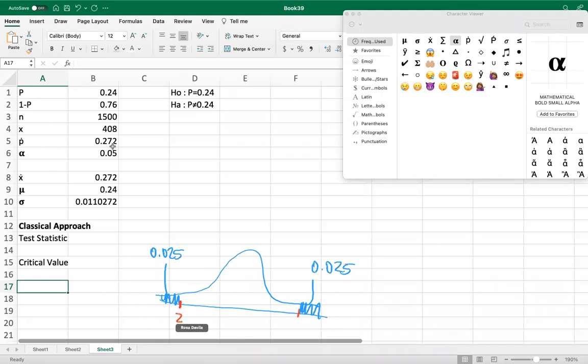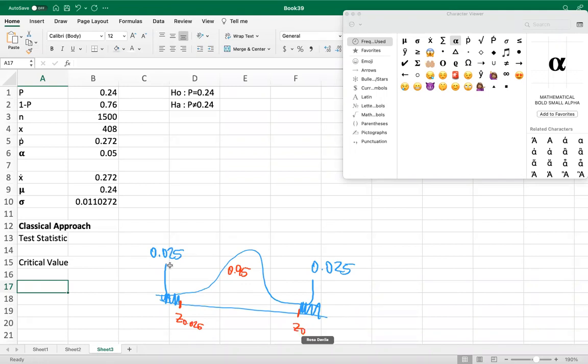Looking at this value here, the area to the left of this value is 0.025. And on this value, the area to the left, not only are we getting this value here, but we're getting all of this region here too. So in order to make it 100%, this region would be 0.95. So the area to the left of this value is 0.95 plus 0.025.